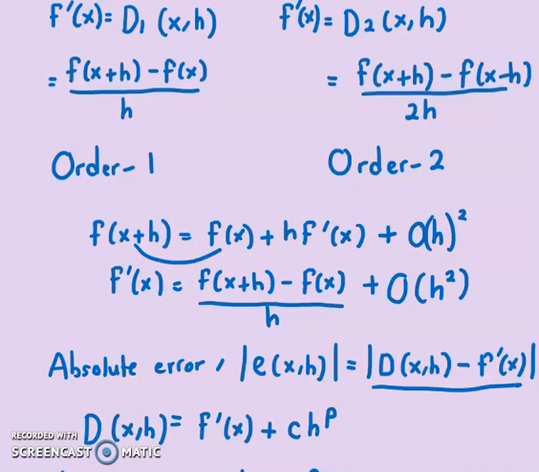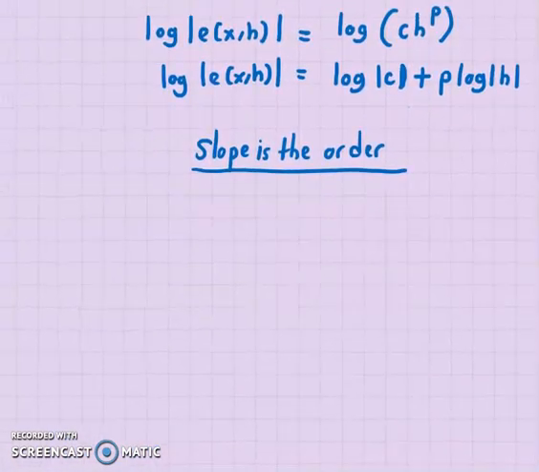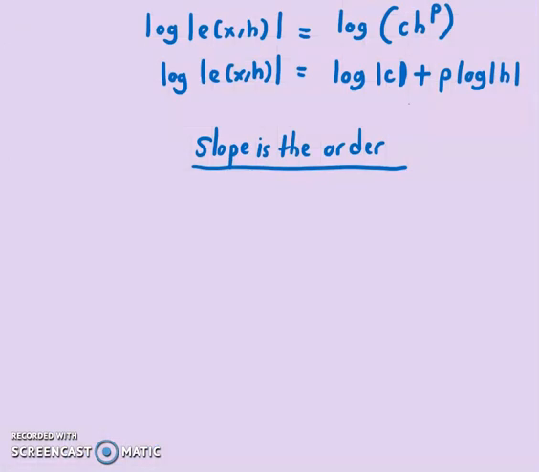Okay, so the other thing that I want to say here, in my previous video, I have shown that the combination of 2 D1(x,h/2) minus D1(x,h) gives greater accuracy than D1(x,h).